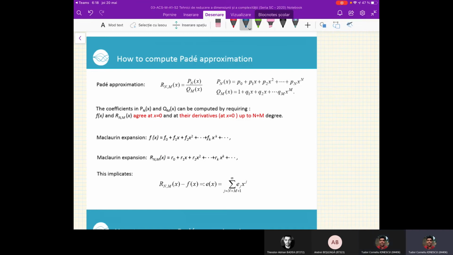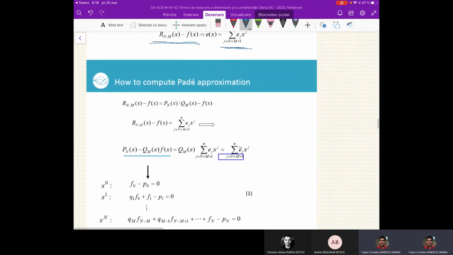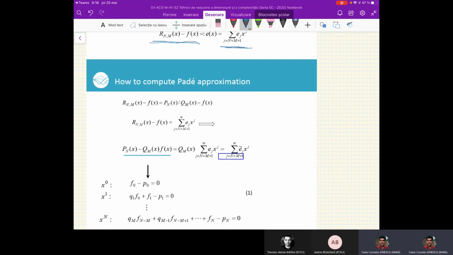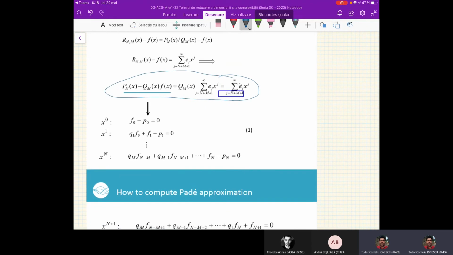You've got the Rnm, and Rnm minus f is e(x), which can be written in this form. Later on, Rnm minus f is Pn divided by Qm, because that's how you build Rnm at first, minus f. And you apply the polynomial identity. Two polynomials are equal, hence their coefficients are equal.